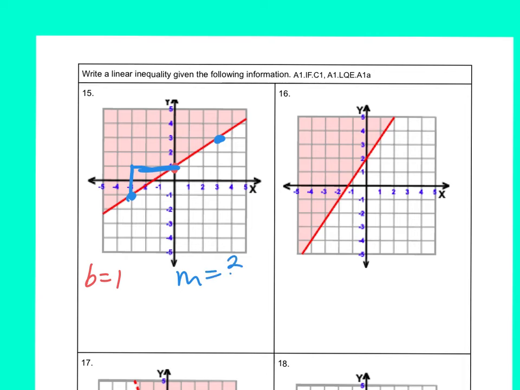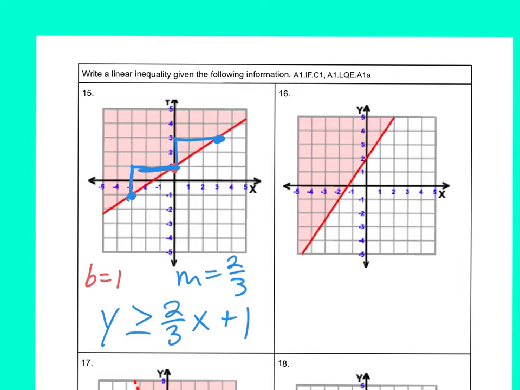So my slope is 2/3. Okay. Y, leave a space, mx plus b. And then what's gonna go in that space? Greater than or equal to. We're shading above, and it's a solid line. So that's why it's equal to.